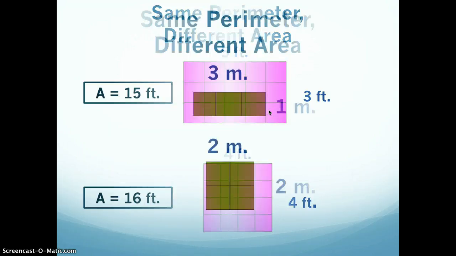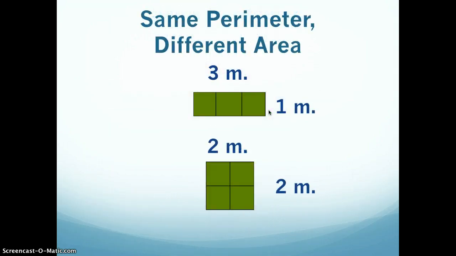So let's try one final one. Feel free to pause the video and try it on your own to find the perimeter and the area of each. For the first rectangle, we have a length of 3, a width of 1. For the second square or rectangle, we have a length of 2.